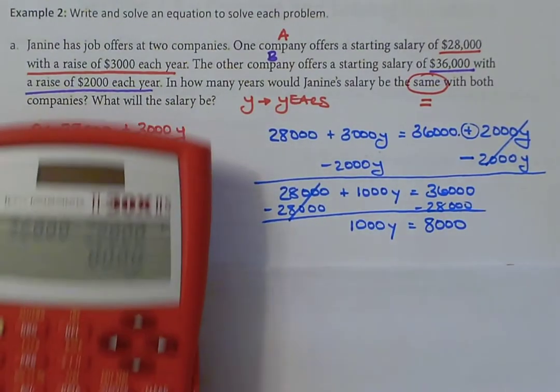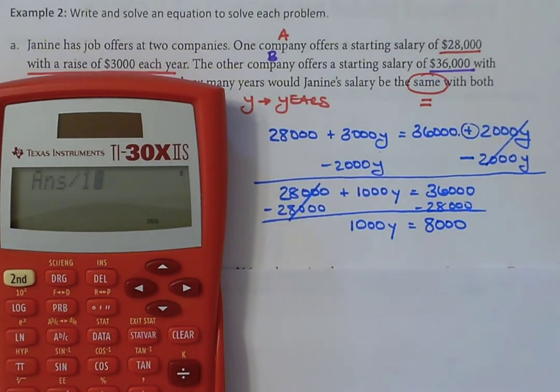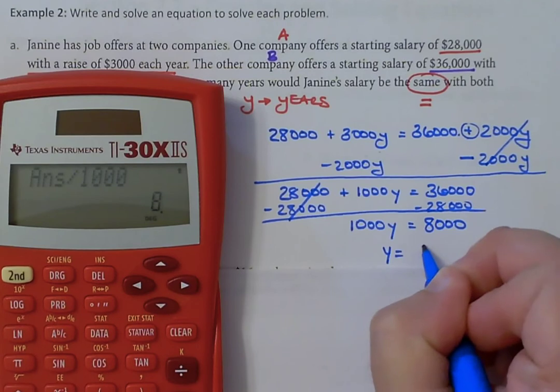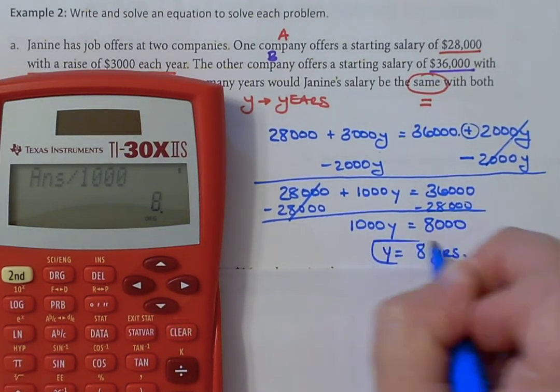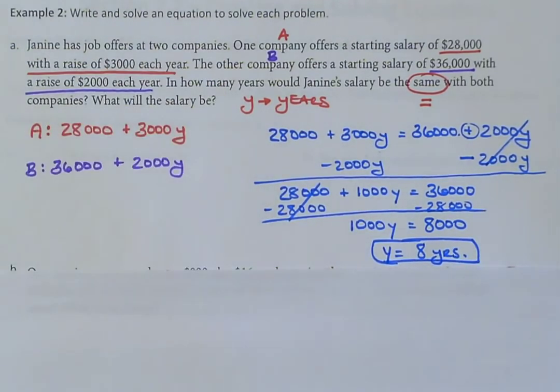If I do 8,000 divided by 1,000, we end up with 8 as our answer. So it takes 8 years for the amounts that she would make in salary to be the same. So that's the first part of the question: how many years does it take?